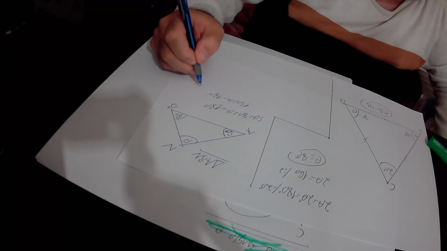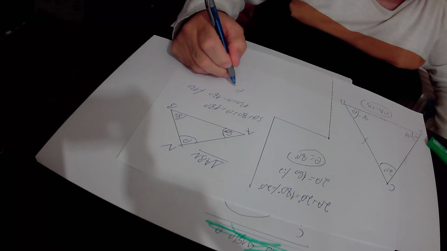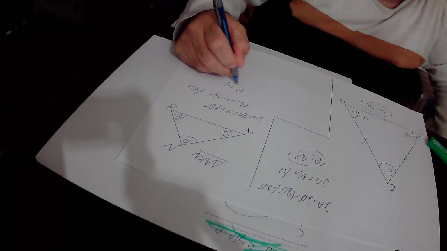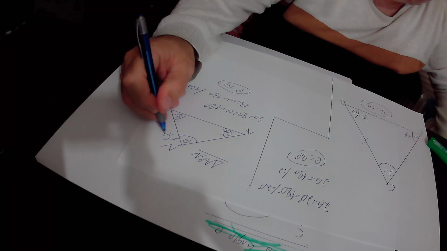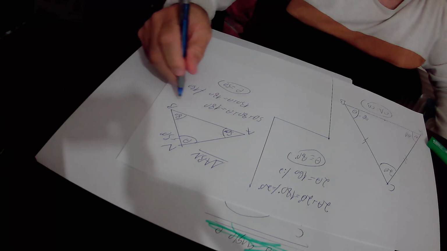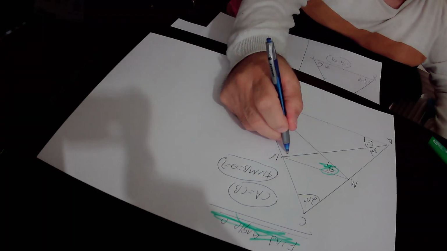We will subtract 130 degrees from this equation. Finally, we get that angle theta equals 180 minus 130, it is 50 degrees. So the size of this angle theta is 50 degrees. That is to say, angle ANB equals 50 degrees in its size.